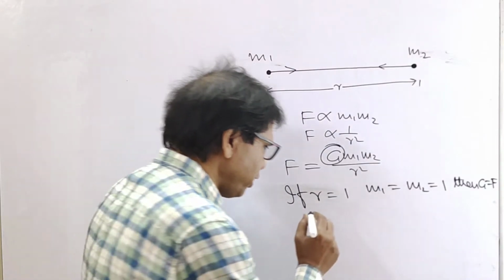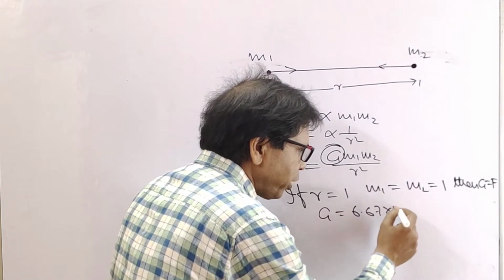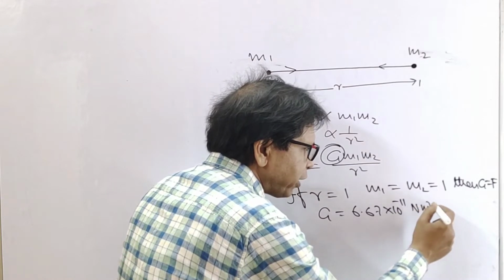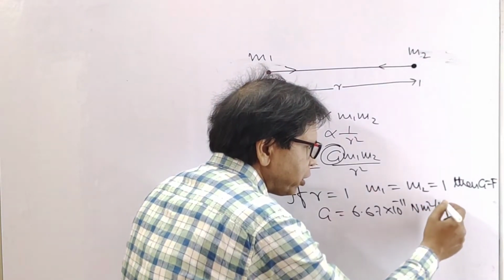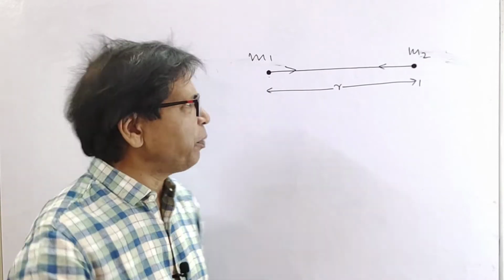Its value is G equal to 6.67 into 10 to the power minus 11 Newton meter square divided by kg square.